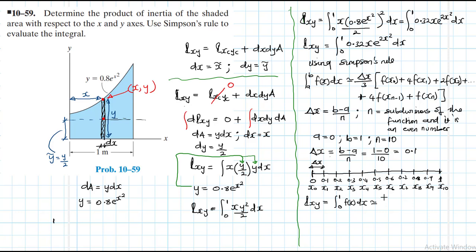So we start plugging in all those values. So we'll have delta x, 1 divided by 3.